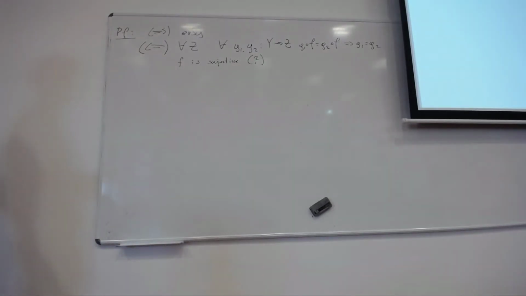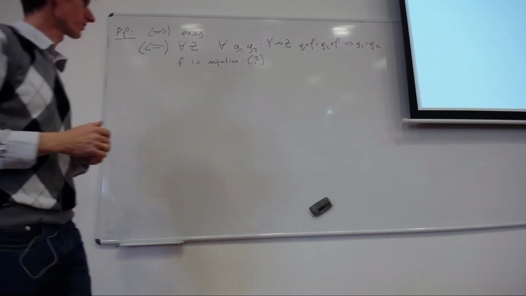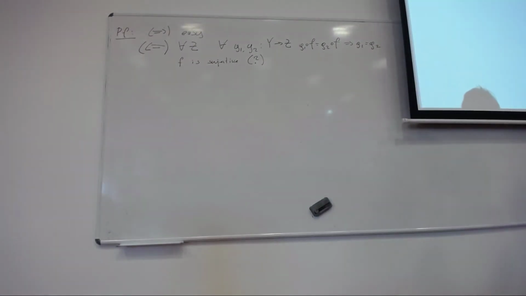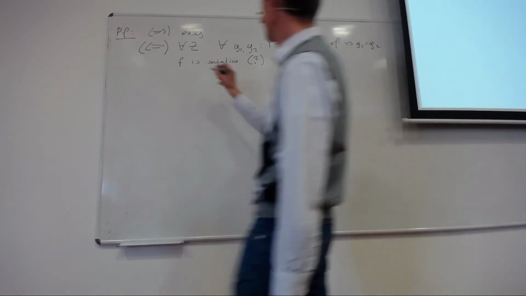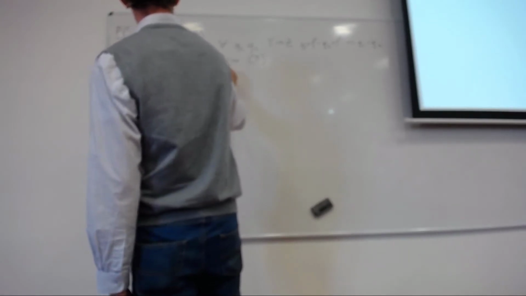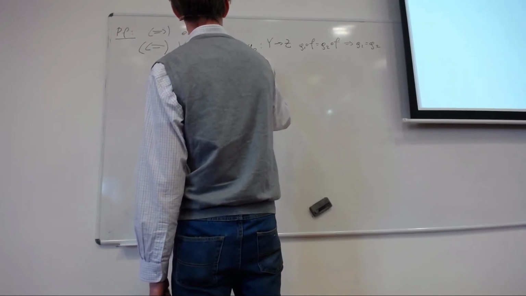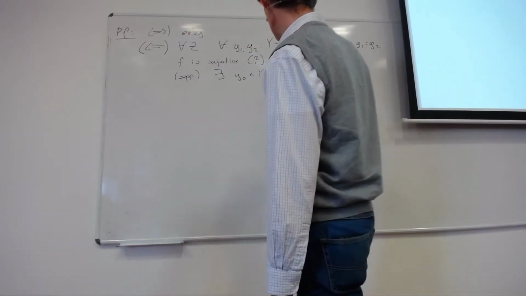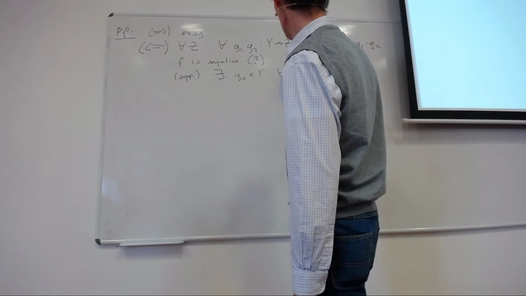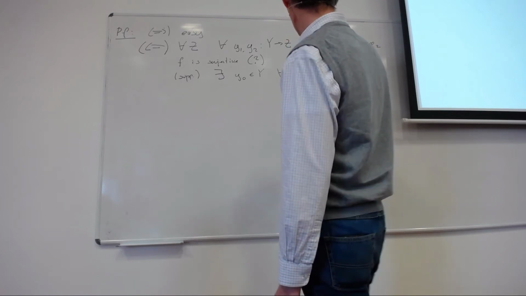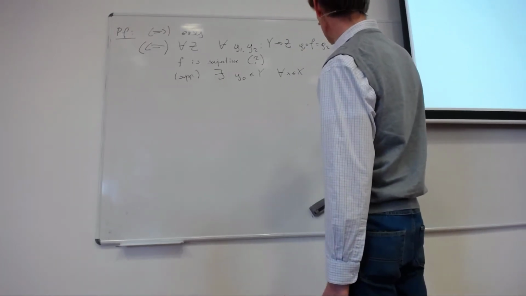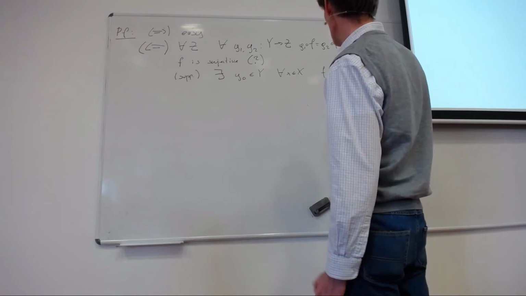So what can we do? Well, the usual way of proving theorems that we don't know how to start is to go by contradiction. So suppose that there is some element, let's call it y0 in Y, such that for all x in X, F of x is different from y0.